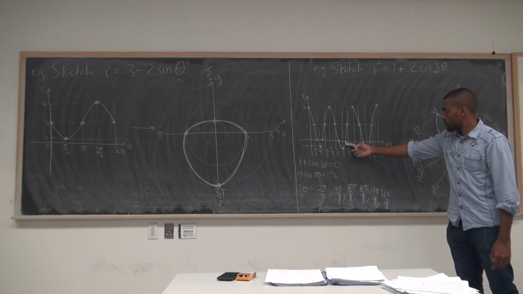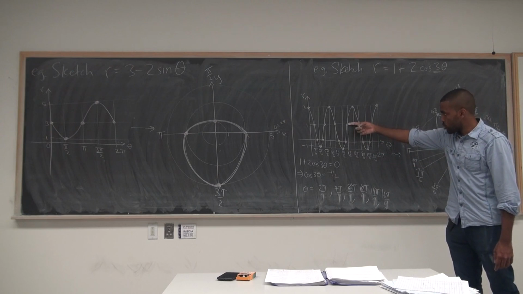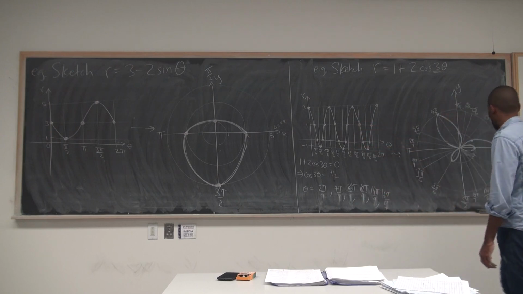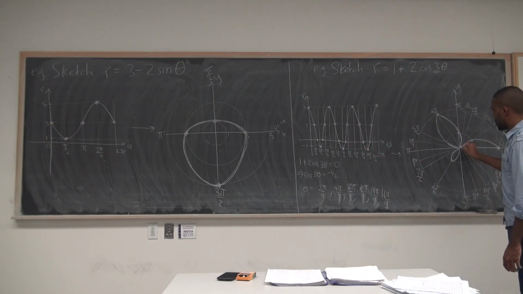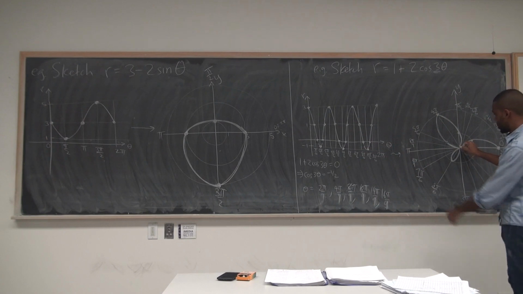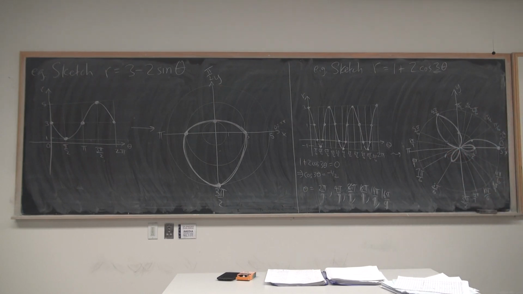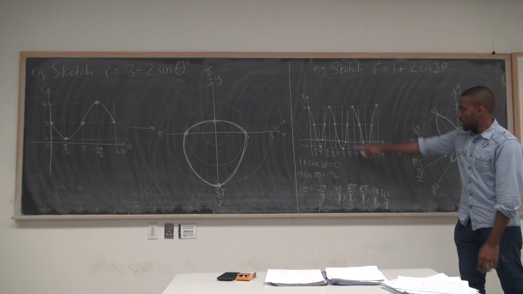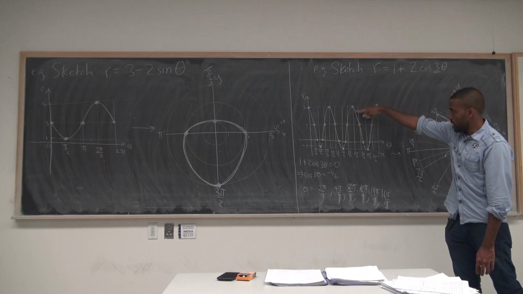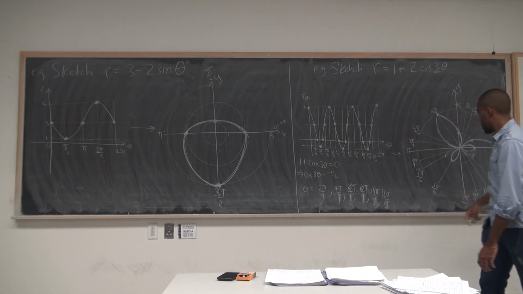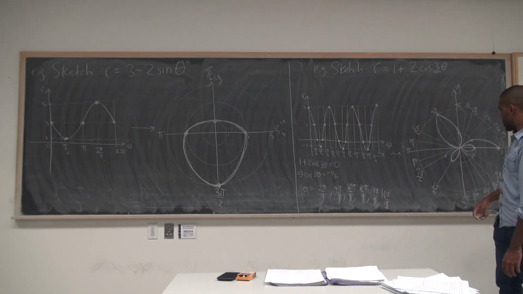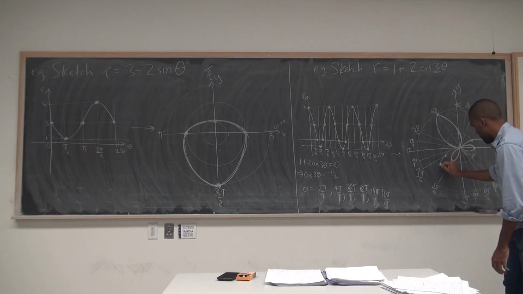So now I'm here. Then I'm going to jump back to the circle of radius 1 at 7 pi over 6. So 7 pi over 6 is over here. Then I'm going to jump to the circle radius 3 at 8 pi over 6. 8 pi over 6 is over here.